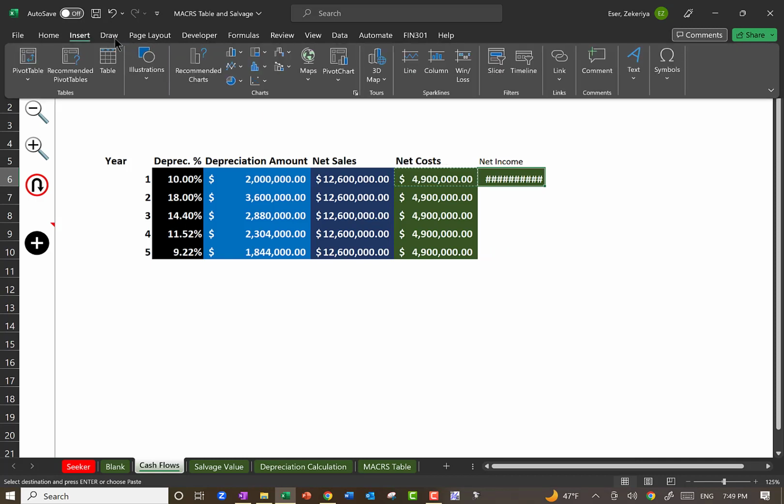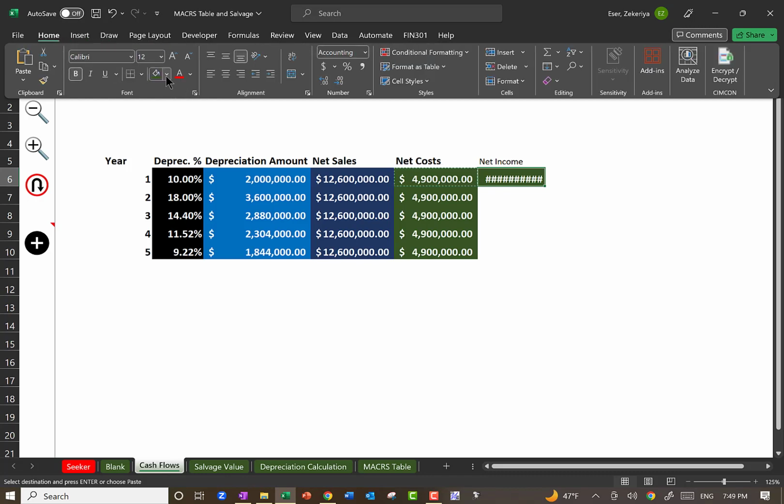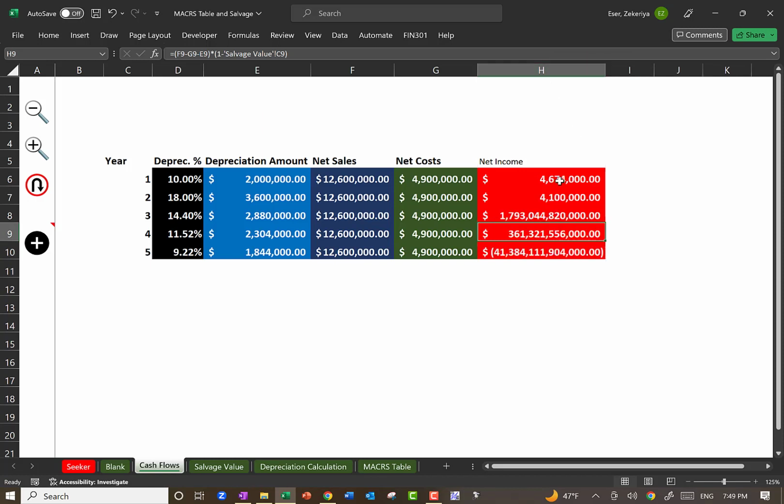And I'll make that red. Oh, I didn't make the tax rate constant or fixed.